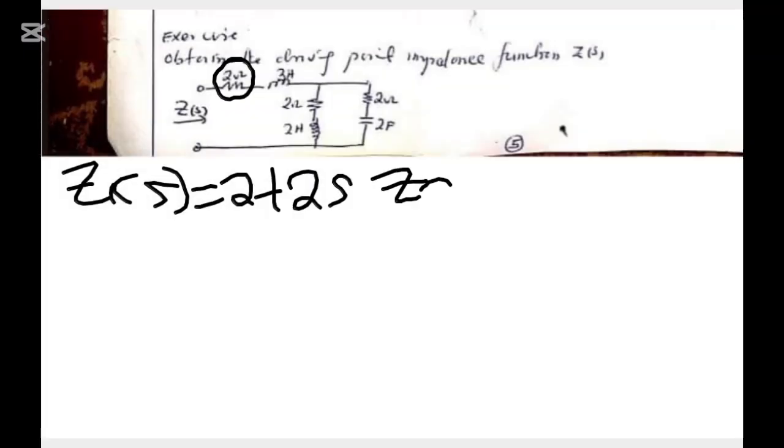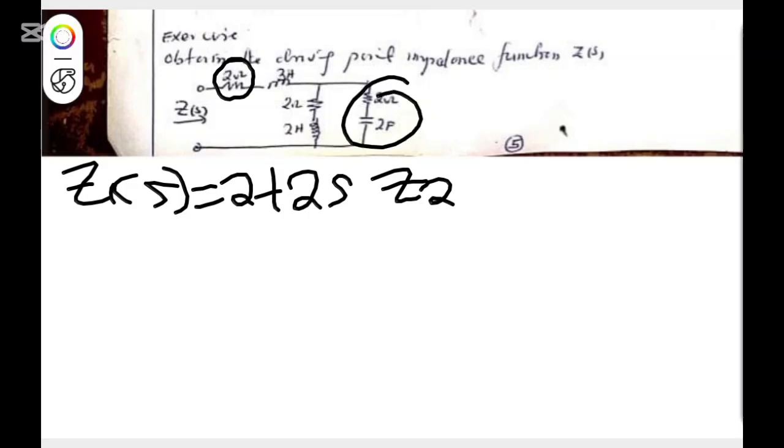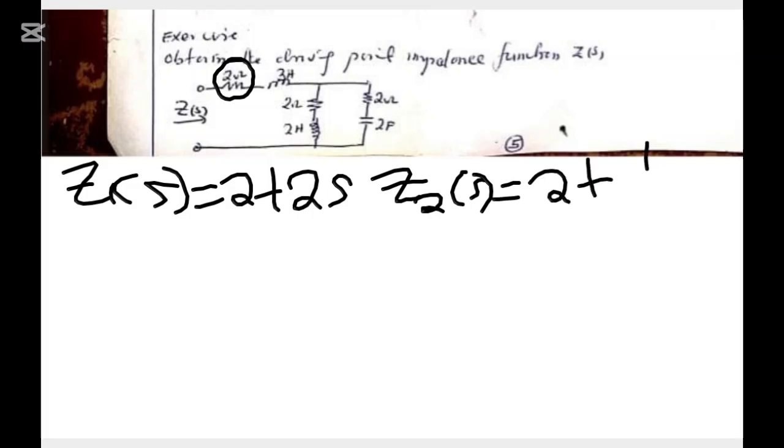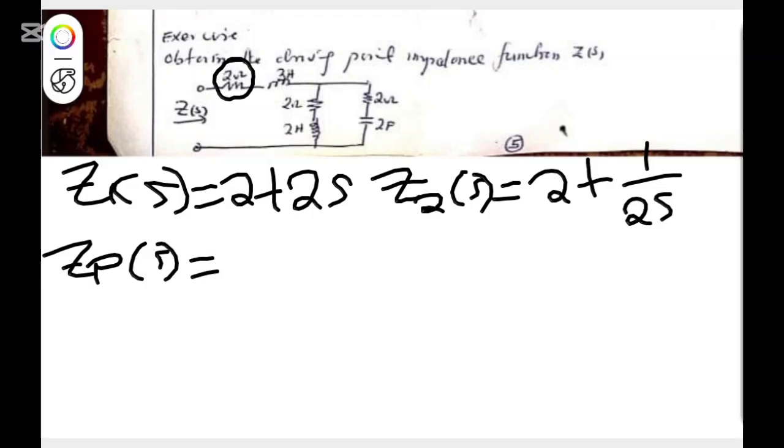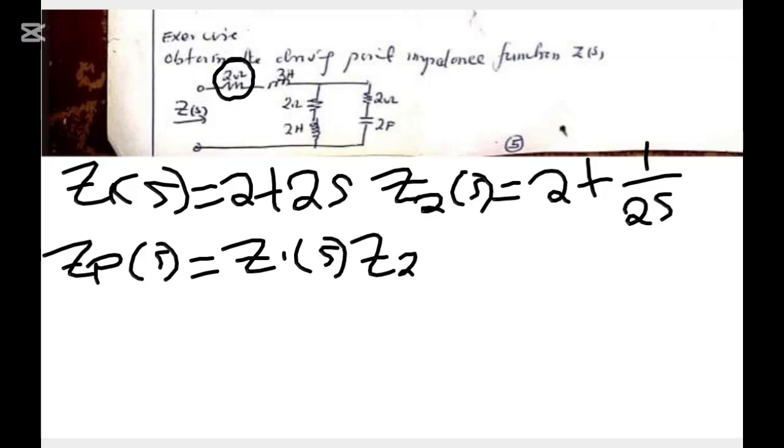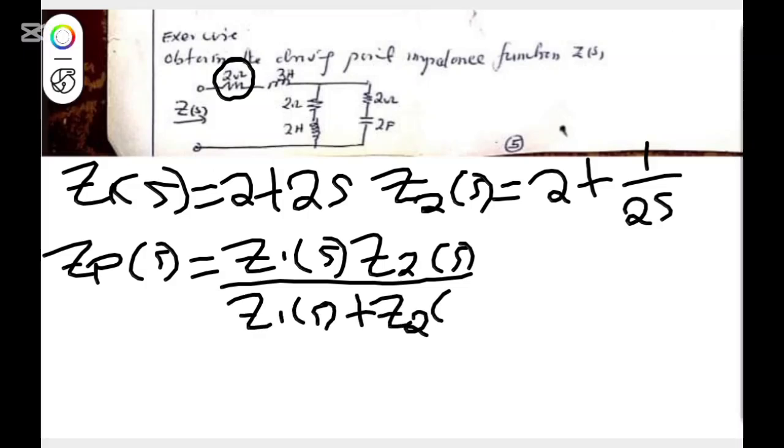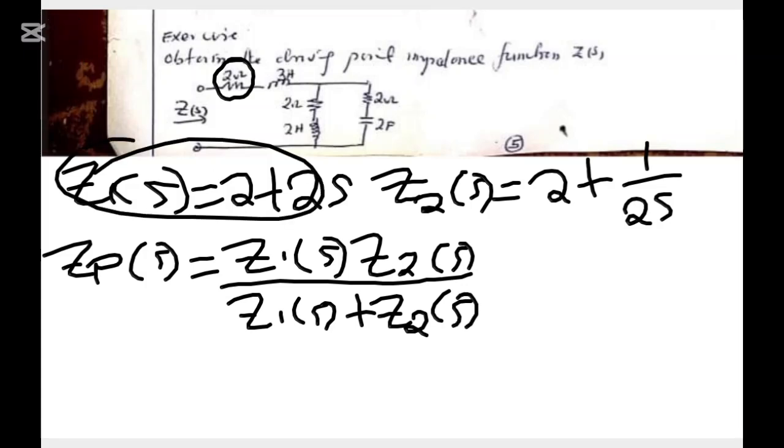So then I have to say Z2 of S will now be 2 plus 1 over 2S. Then I say ZP, because they are in parallel, which is the parallel impedance, equals Z1(S) multiplied by Z2(S) divided by Z1(S) plus Z2(S).